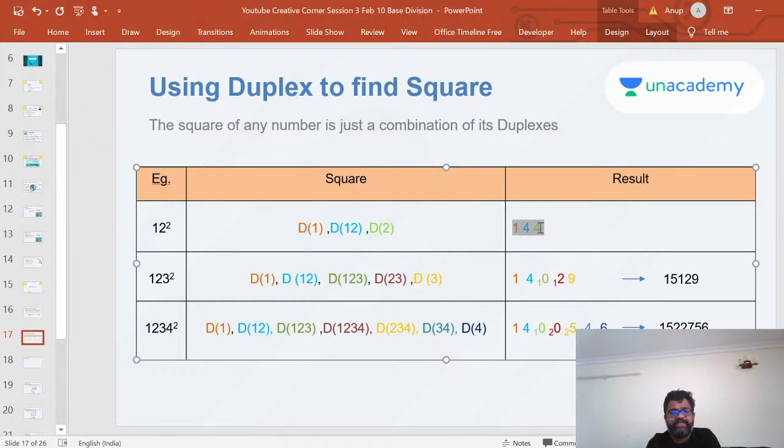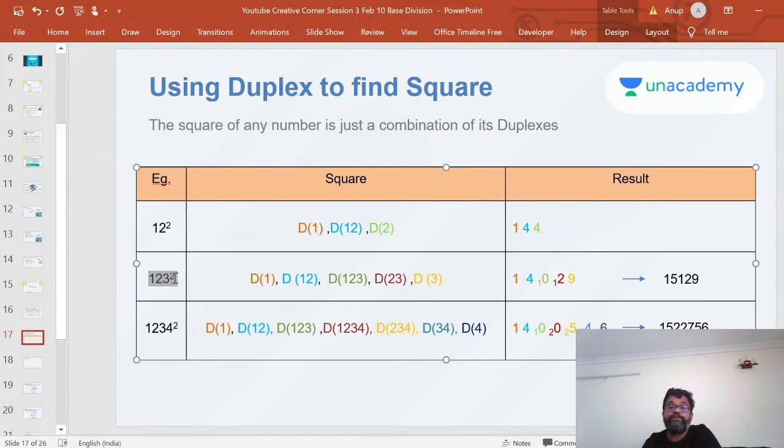Now, you might be wondering, I know the 12 squared table, I can find it out. But the idea is you need to know how you derive it for small numbers, and then you gradually expand to bigger numbers. When you're trying to find the square of 123, it's slightly bigger, so you need to do it step by step.